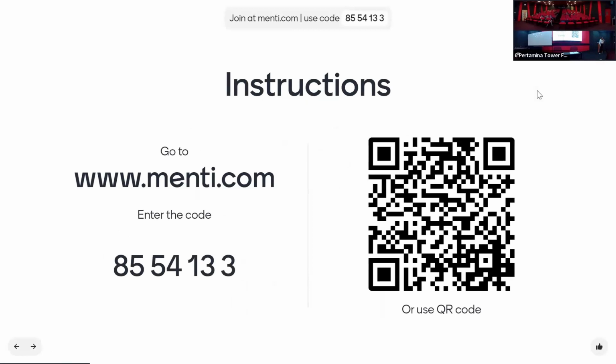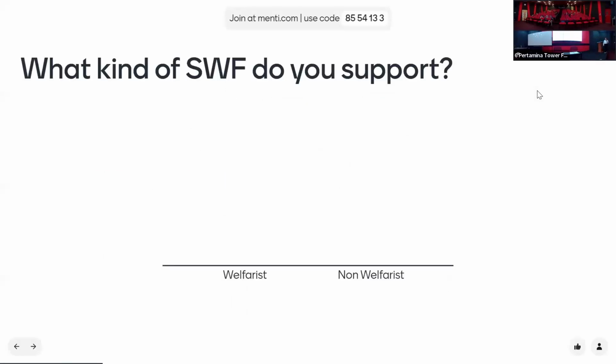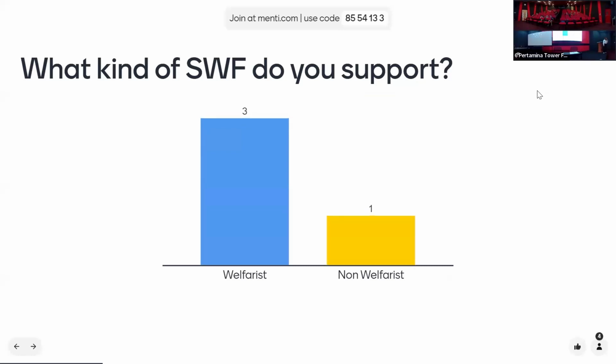But 5 lives, you will save 5 lives against someone who we don't know. Ready? So, what kind of social welfare function do you support? Consequentialist or a non-consequentialist? How difficult, right?